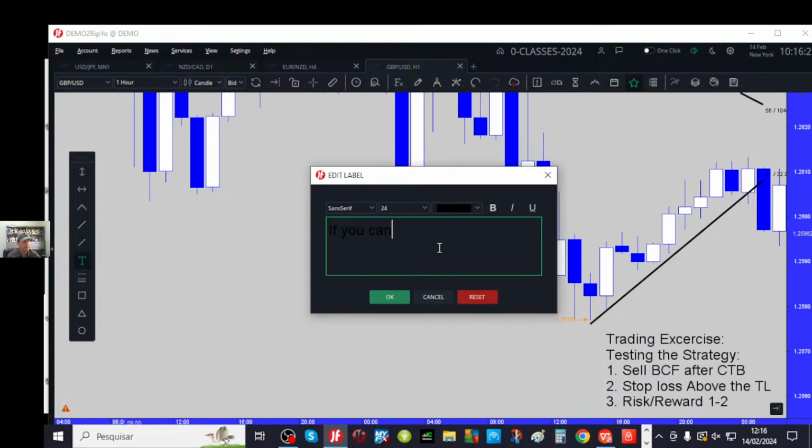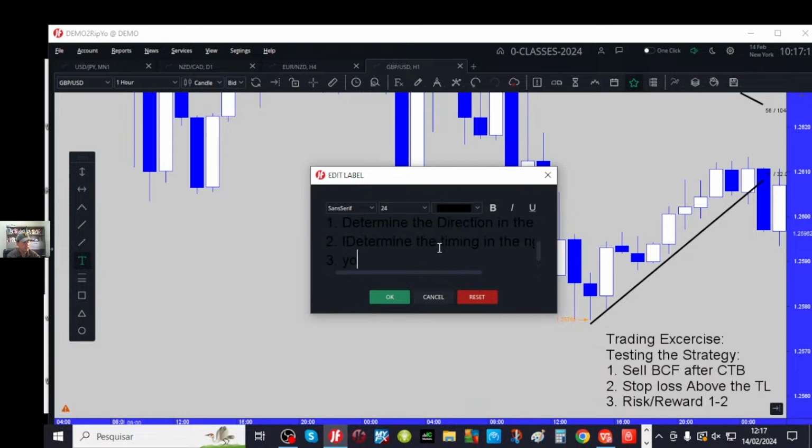If you can, and it's a skill, not that difficult. If you can, number 1, determine the direction in the right way. Number 2, if you can determine the timing in the right way.